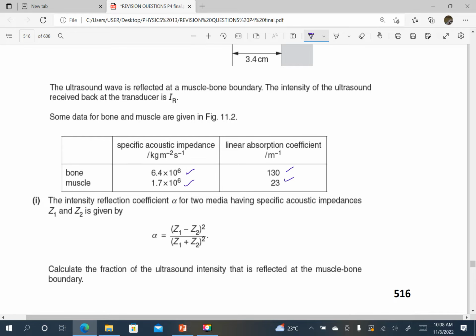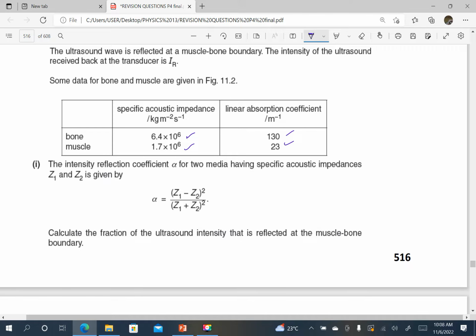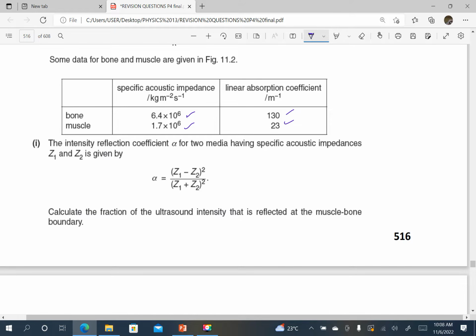In the first part of the question, the intensity reflection coefficient is the ratio of the reflected intensity to the incident intensity at the boundary.